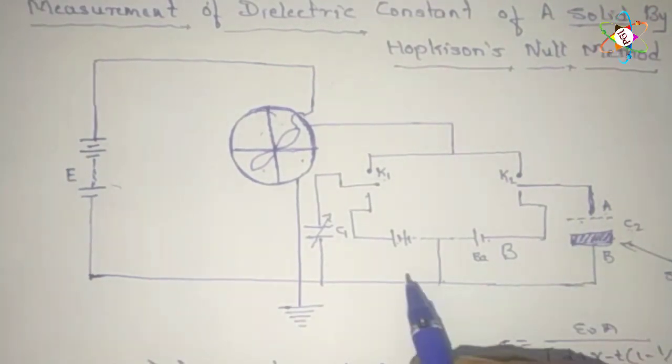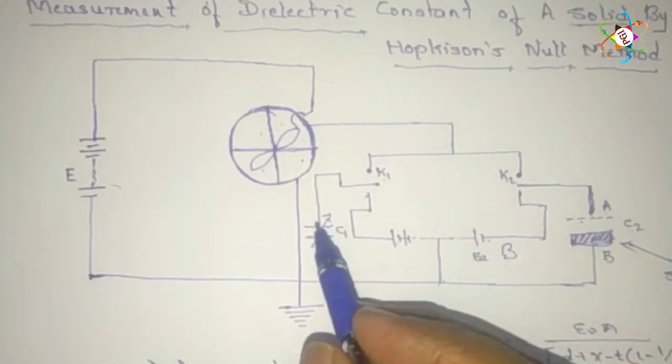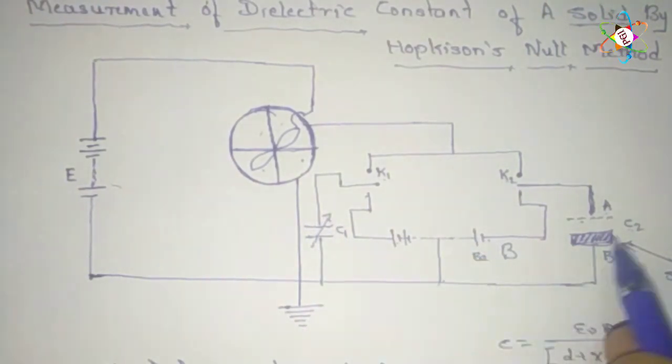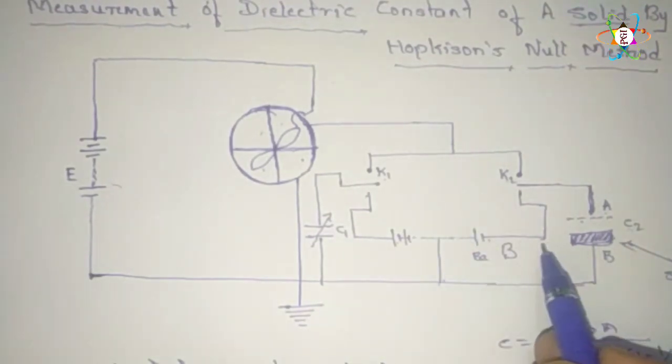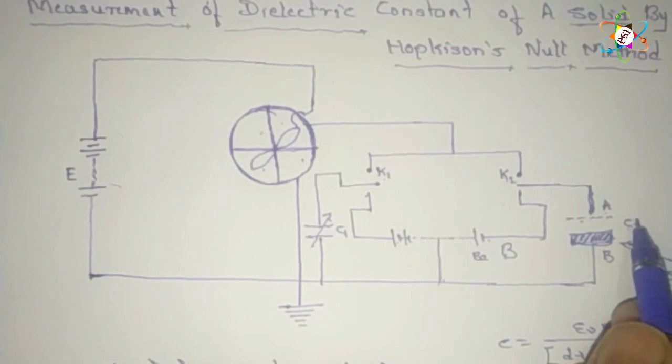If the two condensers, C1 and C2, have equal capacity, they will acquire equal and opposite charges.